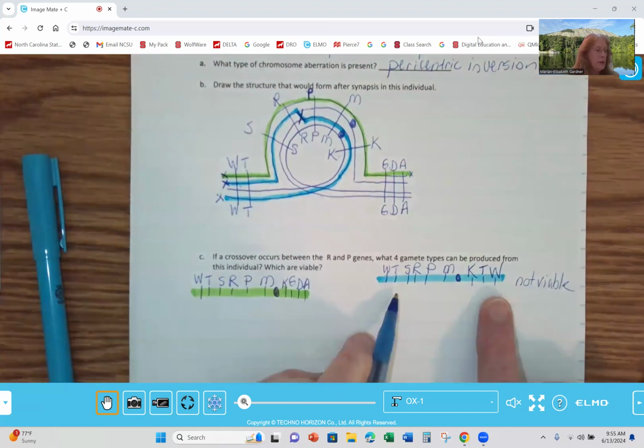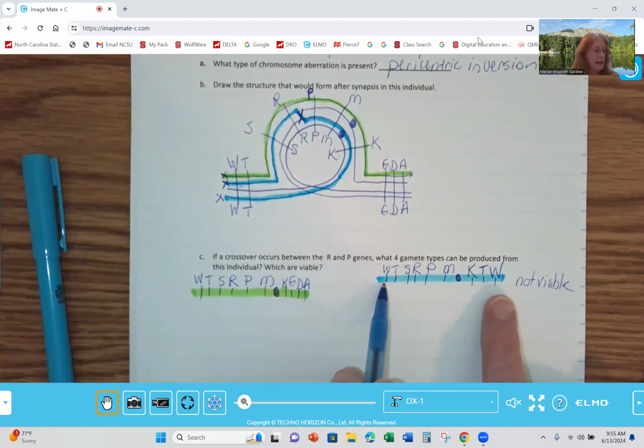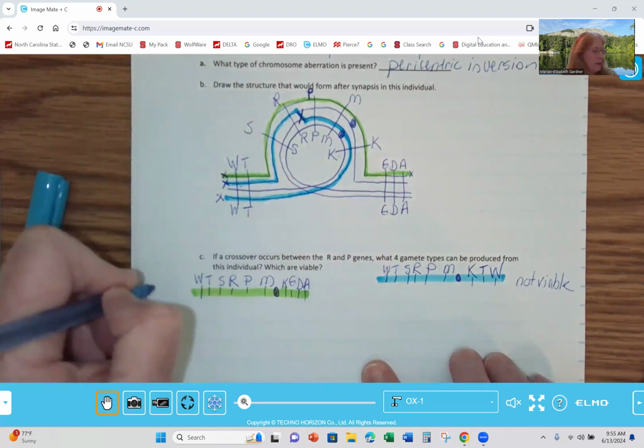And we know it's not viable because it's missing GDA and it has two copies of W and T. And this one was viable.